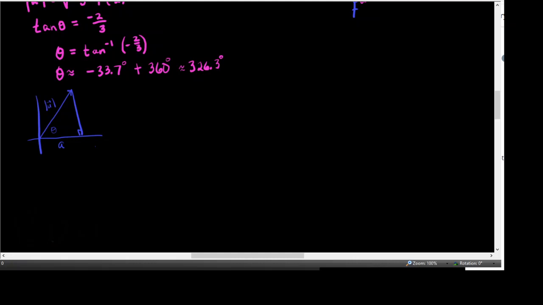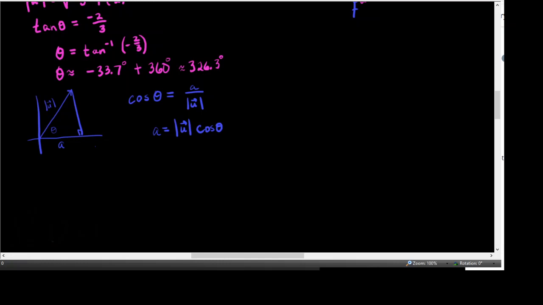And so we know that cosine of theta is adjacent A over hypotenuse, magnitude of u. And if you solve that for A by multiplying both sides by the magnitude of u, A will be the magnitude of u times cosine theta.